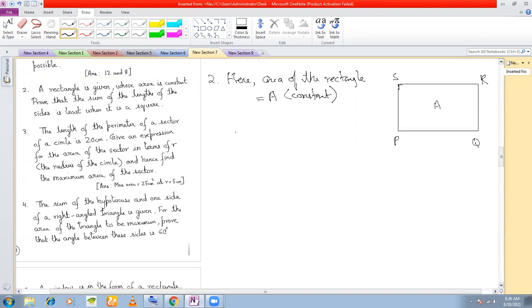Now the question is, what should be the length and breadth of the rectangle so that the sum of the sides is least? That means they are actually asking you to prove that length is equal to breadth. When the perimeter is least, the length must be equal to breadth. That is what they ask you to show. But we'll take the length as L and we'll take the breadth as B. So let the length and breadth of the rectangle be L and B respectively.